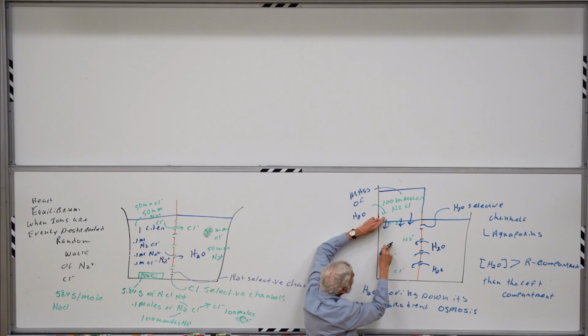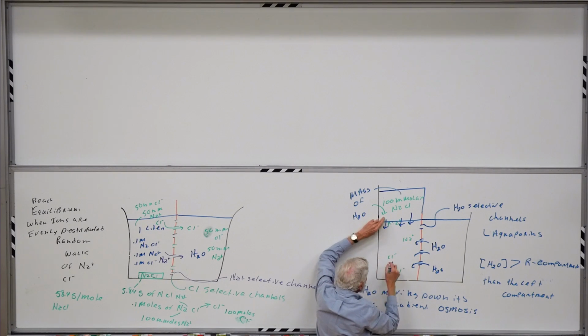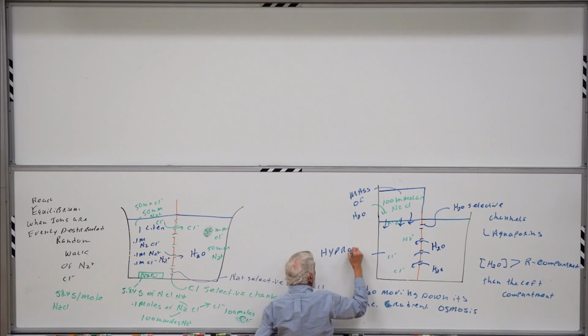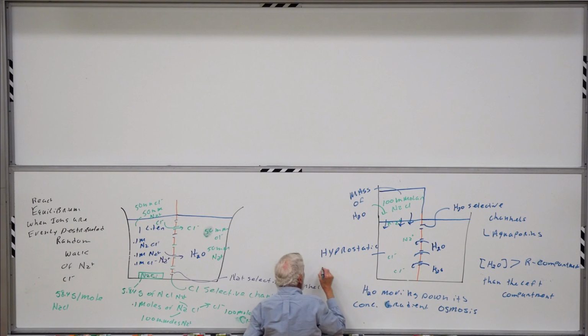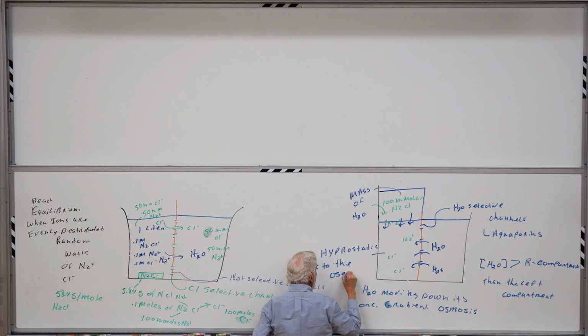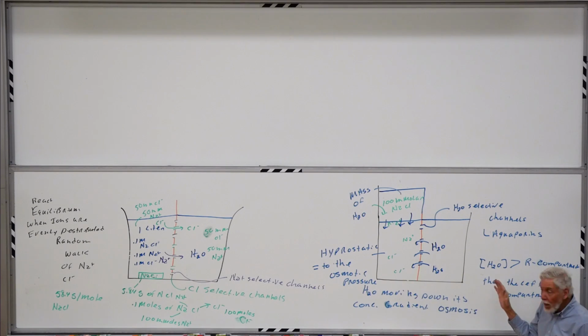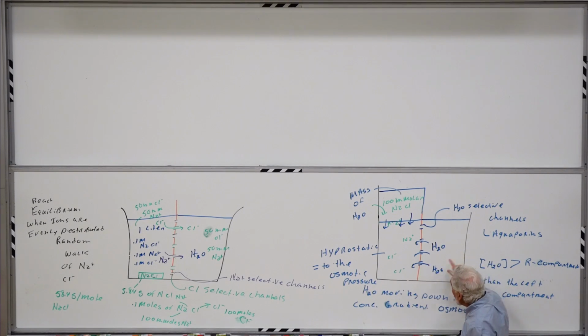There's a gravitational push on the water and a pull so that you eventually get a hydrostatic pressure equal to the osmotic pressure. So in this case, we reach an equilibrium because we now have the probability of water moving left to right simply because of the mechanical force, the hydrostatic pressure of that column of water. So we do reach an equilibrium.